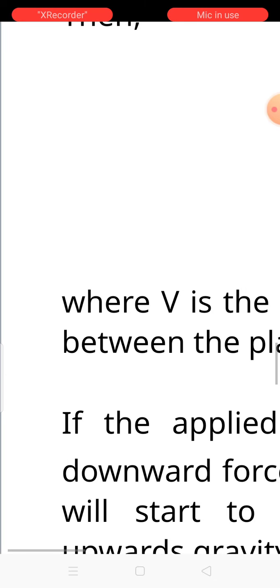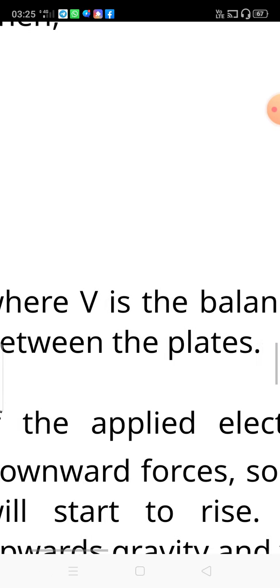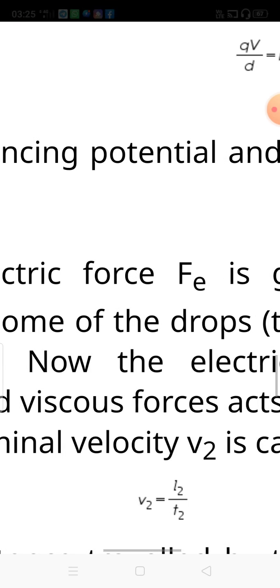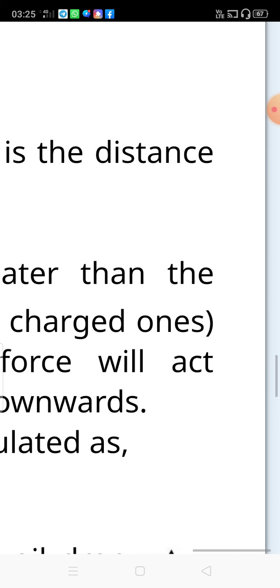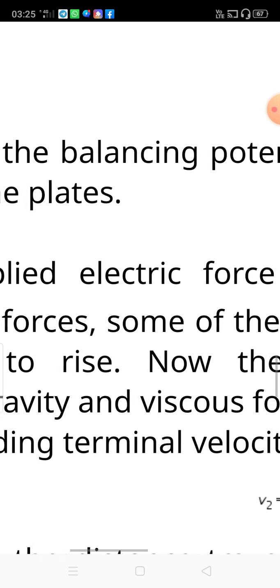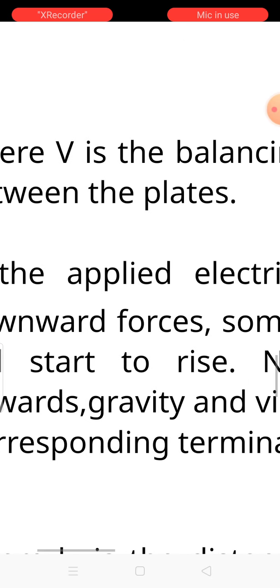Therefore, V is the balancing potential and d is the distance between the plates. If the plate voltage is increased and a larger electric force is generated, the drop will start to rise.